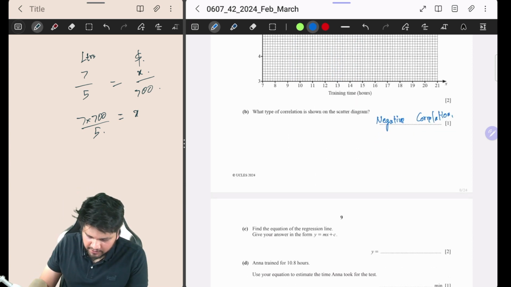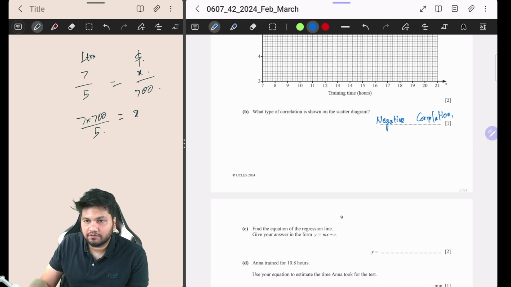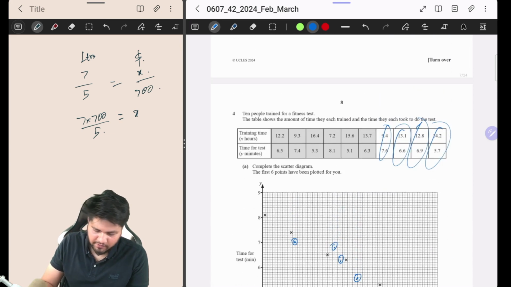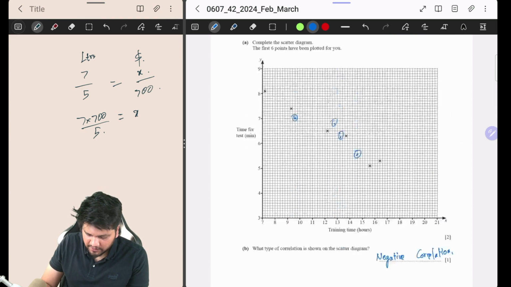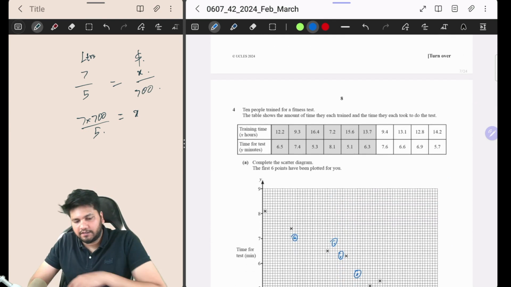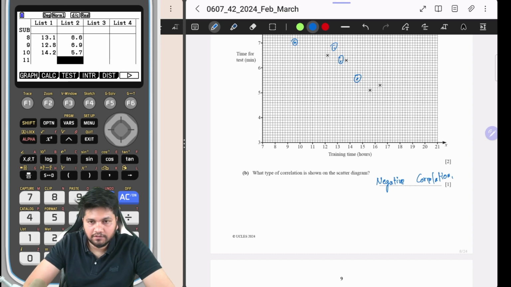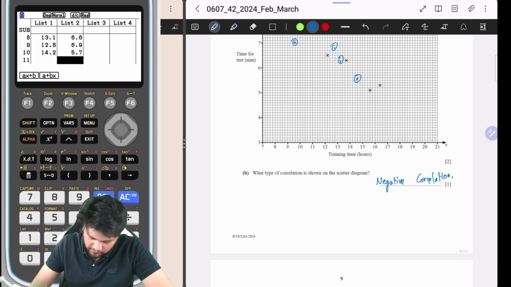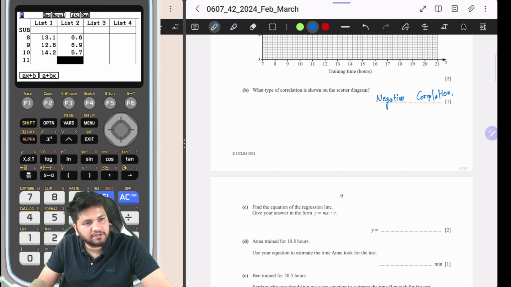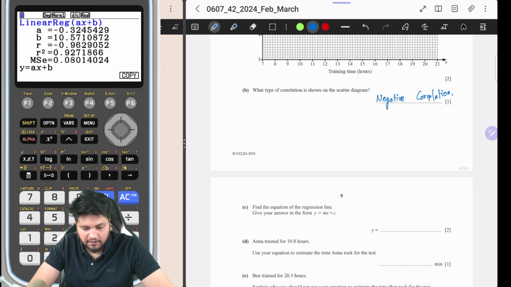Find the equation of the regression line. Give your answer in the form y = mx + c. For that, all you have to do is plot all of these points on your GDC, and you just have to get the equation of the line. So let's do that. Under stats, once you put all of these values, all you have to do is calculate, and then it's regression with respect to x. They are asking for the form mx + c, so it's going to be ax + b we are going to put. So like this, and here we go.